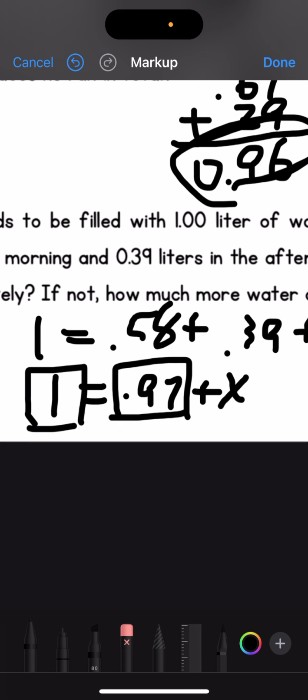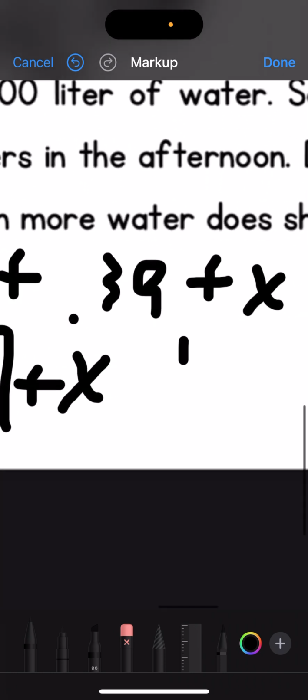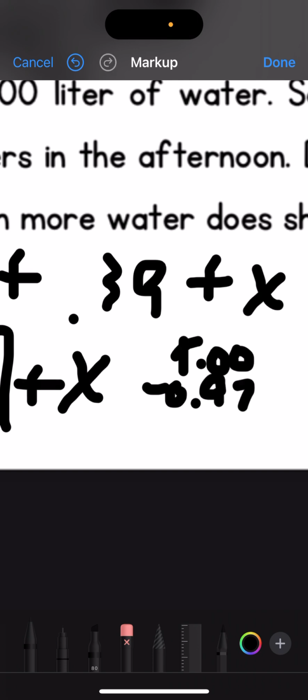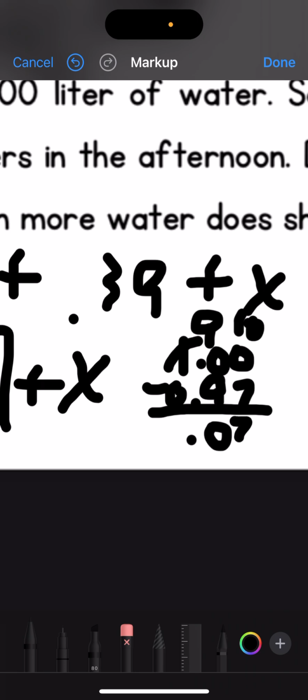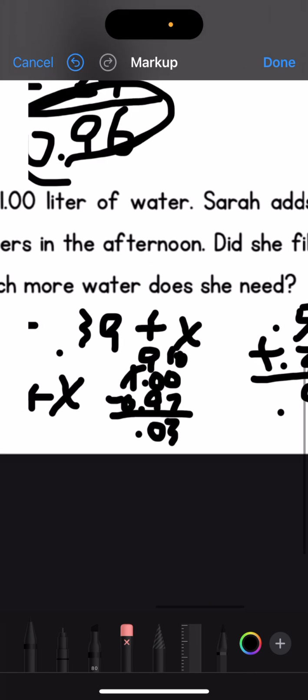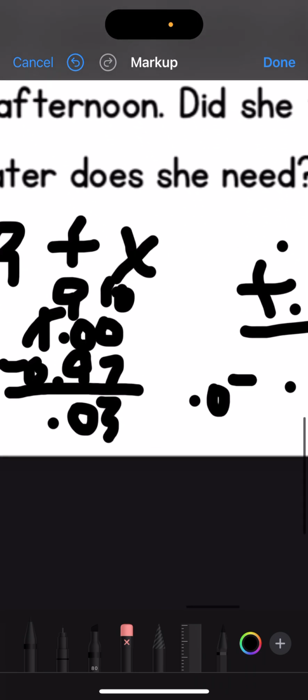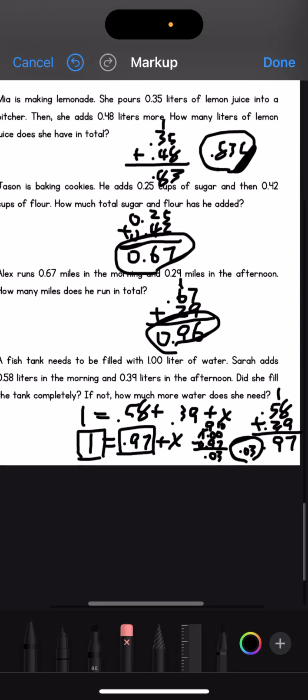So we're still missing a little bit, so let's subtract 1 and 0.97, and we will get 0.03. So no, it is not full, and she will need 0.03 more liters to fill it up completely.